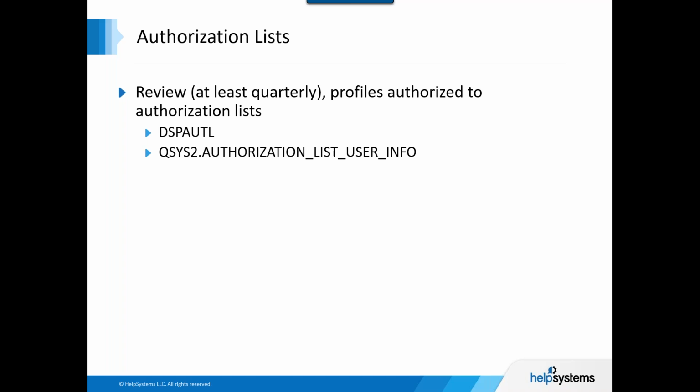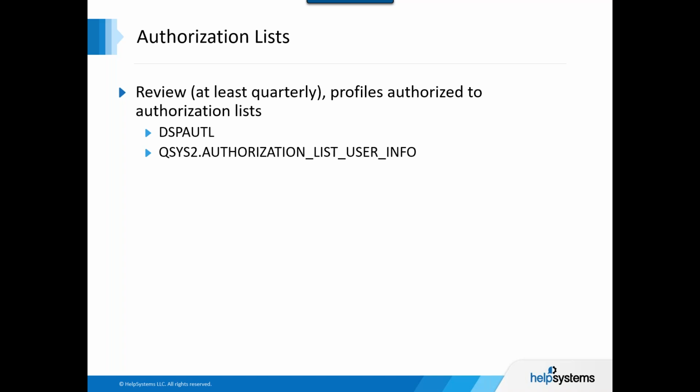And so I often see an authorization list that had been public exclude move to public star all because, of course, when a production failure happens, it's security's fault. So in that case, again, when they figure out it really wasn't security, they fail to put that authorization list back to exclude. So unless you review these settings on a regular basis, again, quarterly, it's not going to ever be caught.